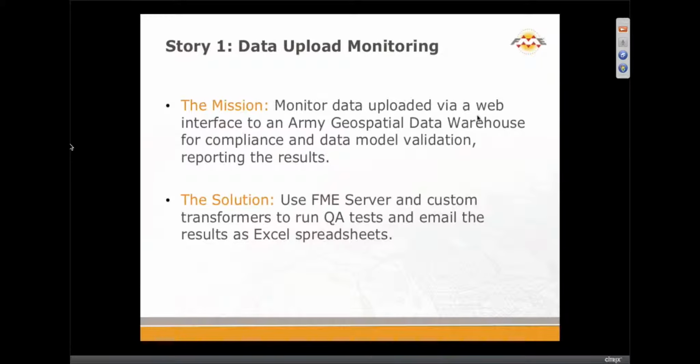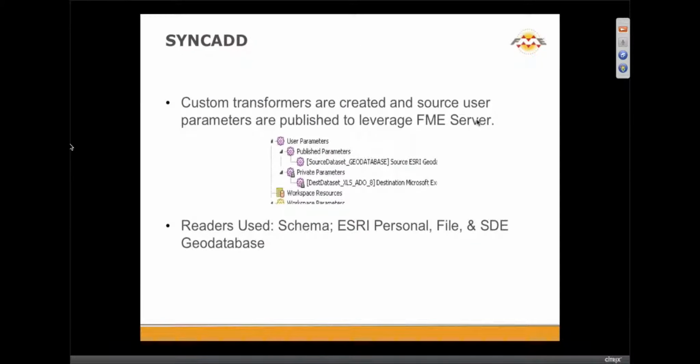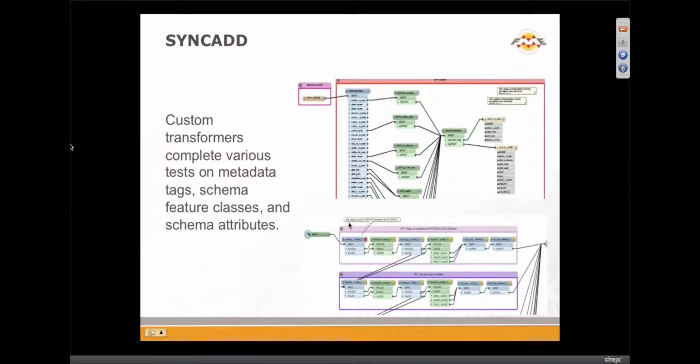So next slide. What we did is we developed some custom transformers, and some of the transformers you've actually seen Dale use earlier in the slideshow. The readers we used were Schema readers, Esri stuff, and some SDE geodatabases. So here's some screenshots.